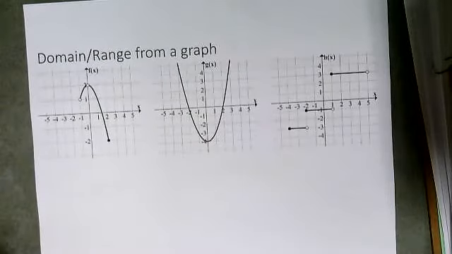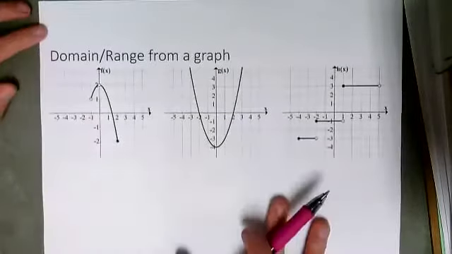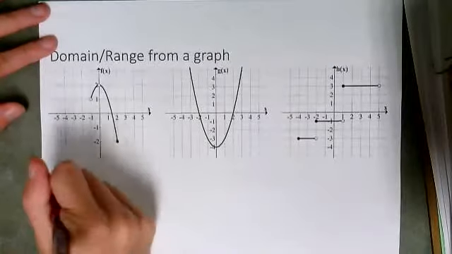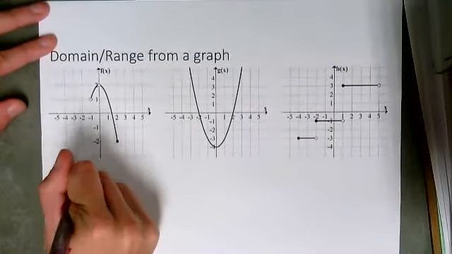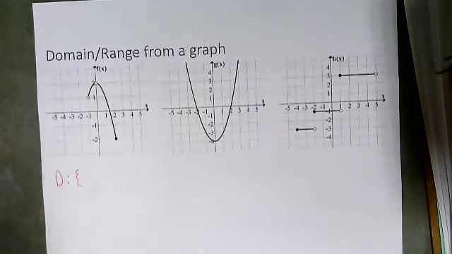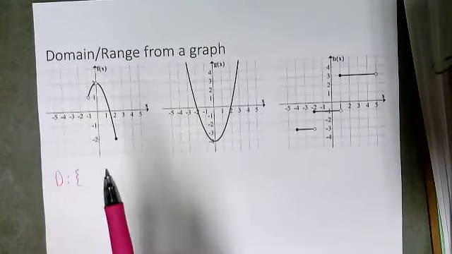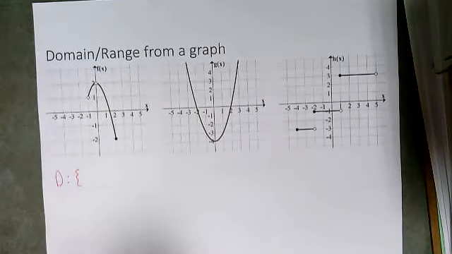Domain and range from a graph. Well, let's look at this guy. What's this guy's domain? Well, the domain represents the input values, right? And in this case, the input values are the x values. So the input values in this case start at -1. We'll do this in interval notation, actually.